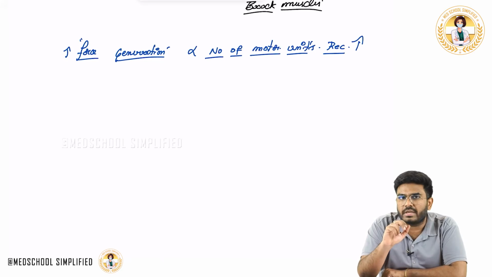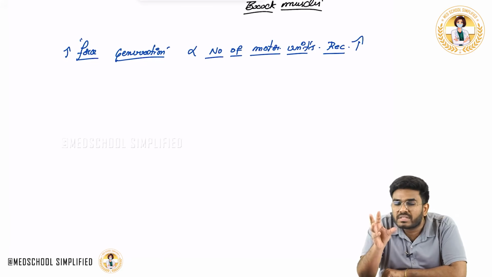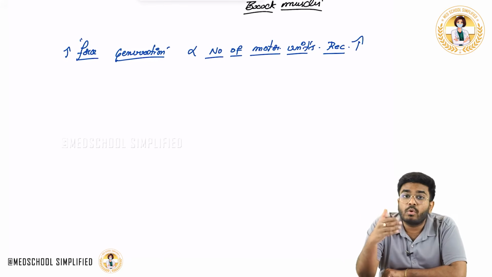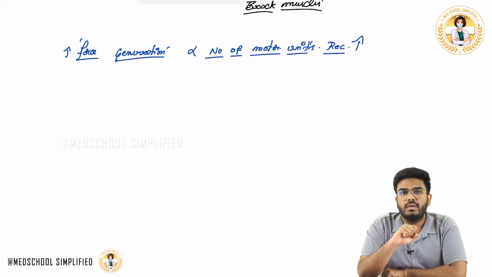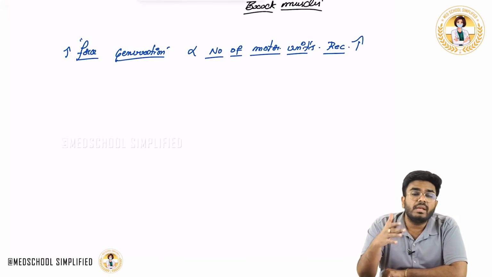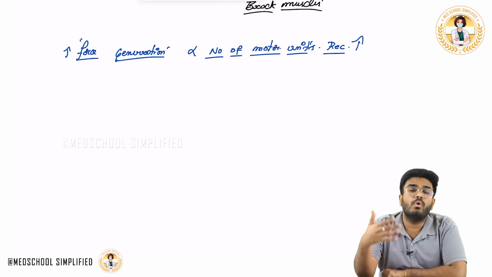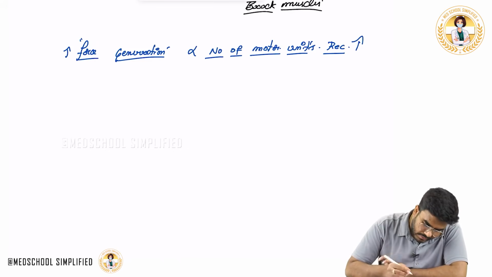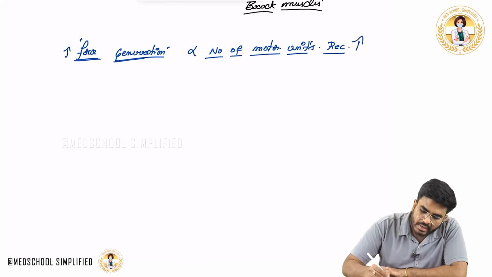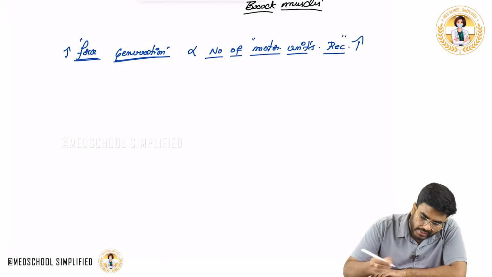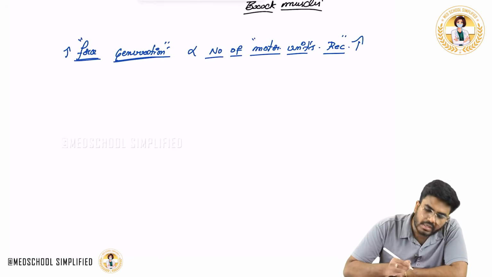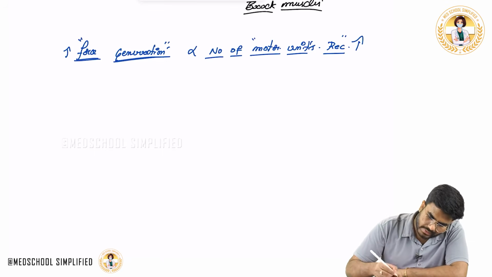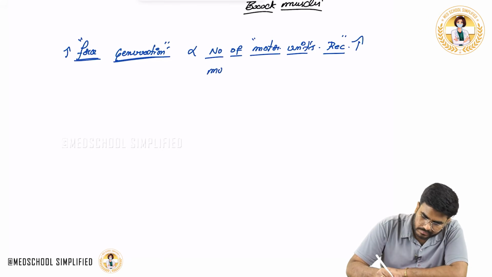If 2 motor units are recruited, a few more muscle fibers contract, which will generate more force. If 5 motor units are recruited, many muscle fibers are contracting, so more powerful contraction, more force generation. The more motor units recruited, the more force will be generated. This is called multiple fiber summation.